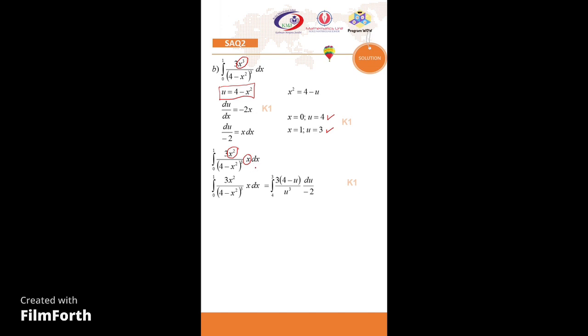Then you can substitute the expression of x dx with du over negative 2. So x dx becomes du over negative 2. So now your expression is in terms of u only. Here you will get the next mark.